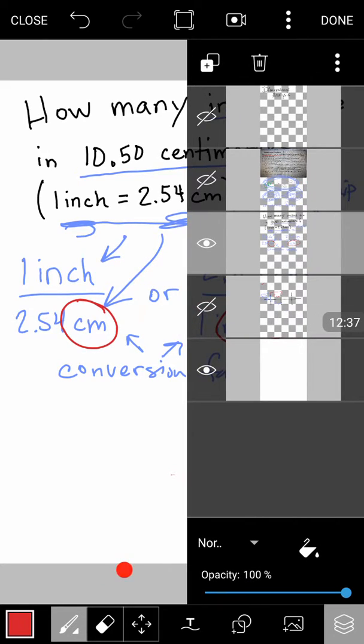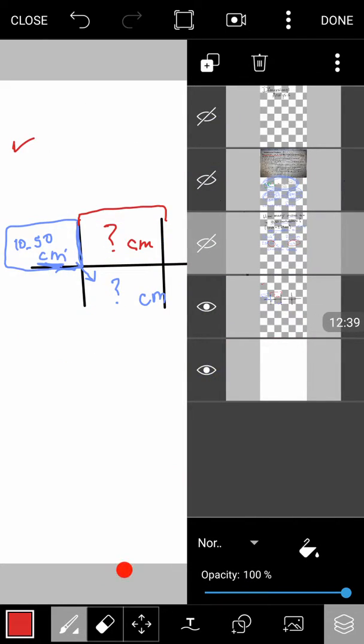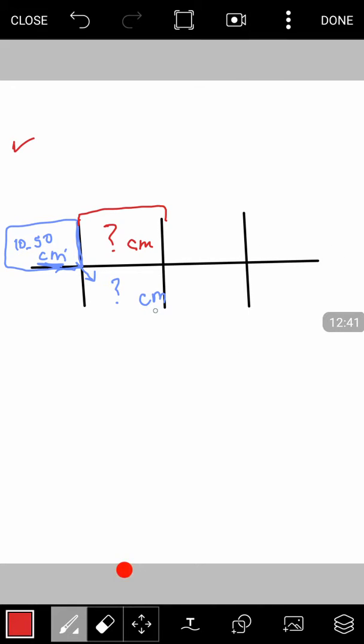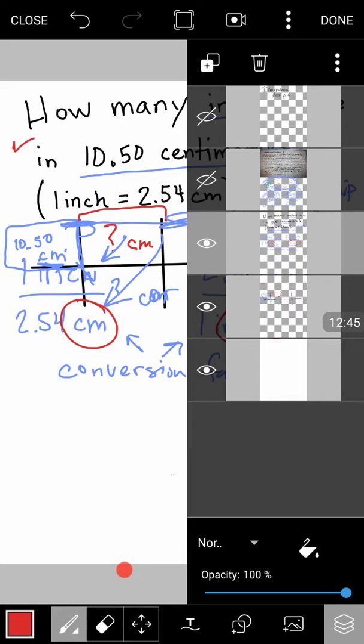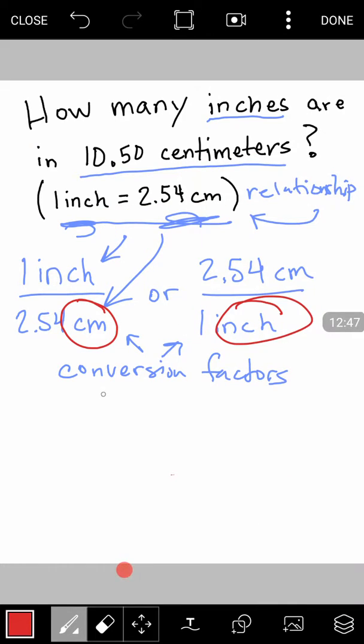So just for reference, if you go back to the train tracks, we have centimeters on the bottom. So we need to use the conversion factor that also has centimeters on the bottom. That's the one on the left. This conversion factor says 1 inch on top of 2.54 centimeters.